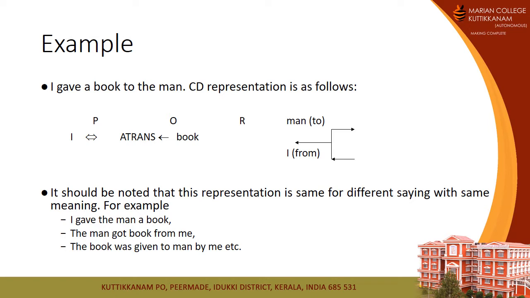So this is the basic concept. The same representation can be used for "I gave the man a book," "the man got a book from me," "the book was given to the man by me," etc. So all these sentences can be represented based on the same representation.